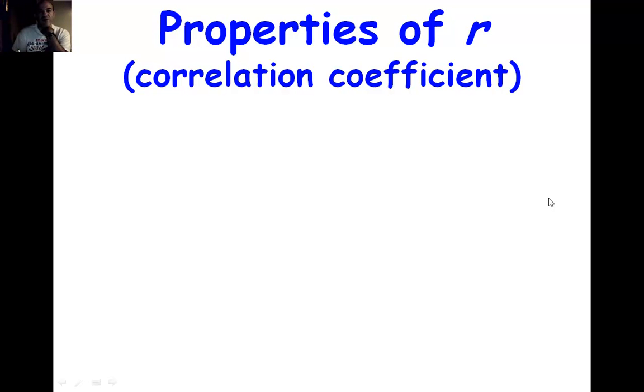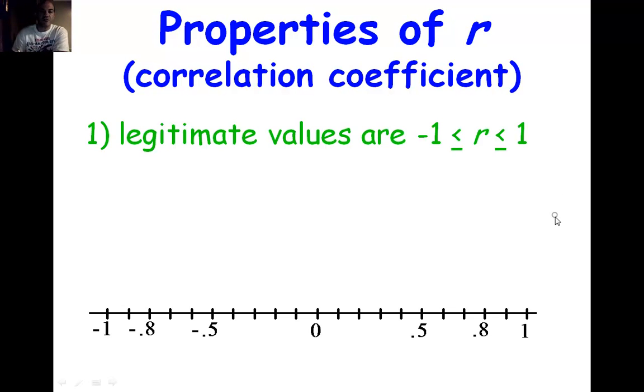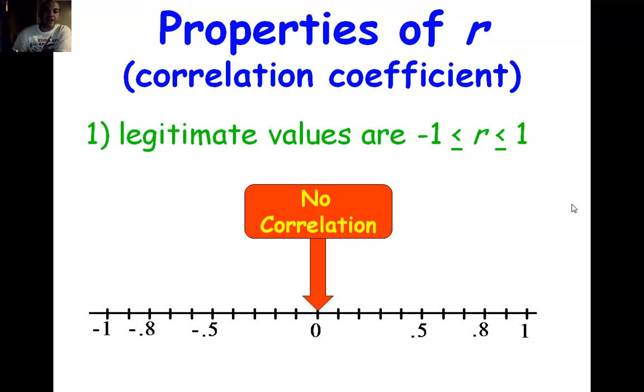So here are some properties of R, the correlation coefficient. The values can range between -1 and 1. If your R value is 0, that means there is no correlation, or at least not a linear relationship between the two.